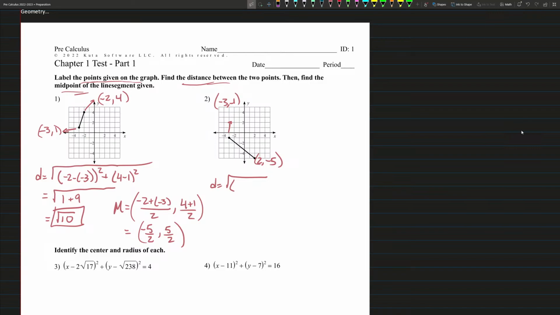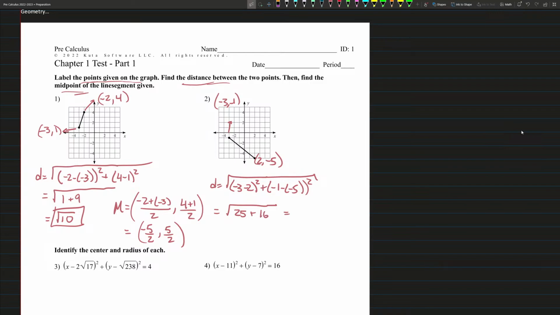So difference in x's, -3 minus 2 squared, plus -1 minus -5 squared. So then it's being 25 plus 16.